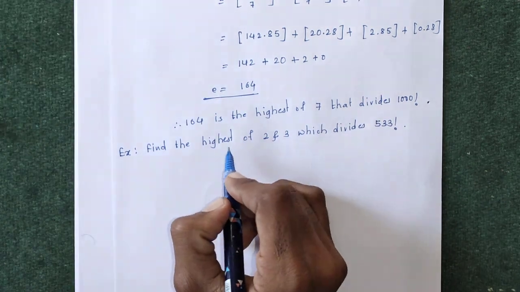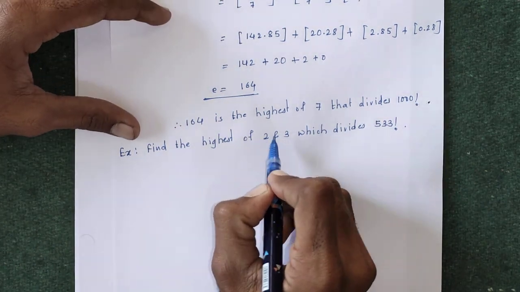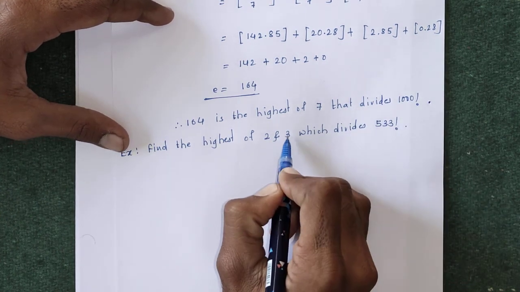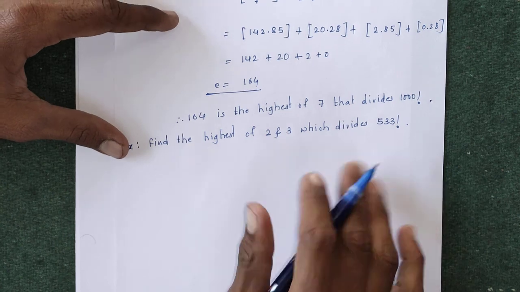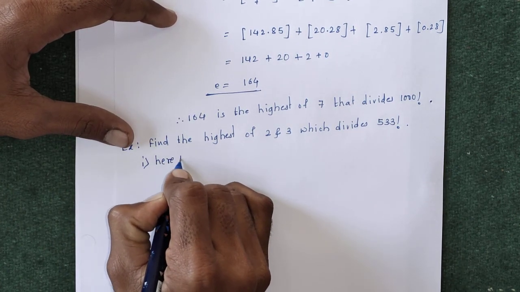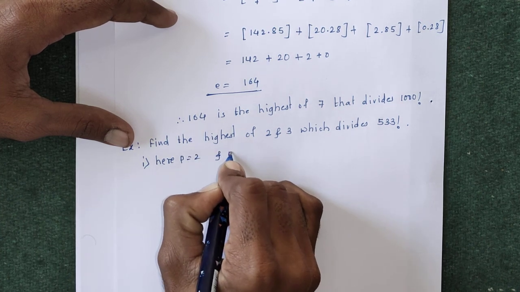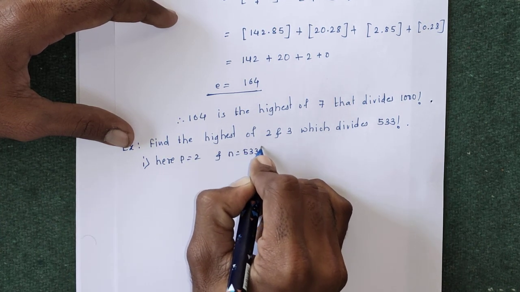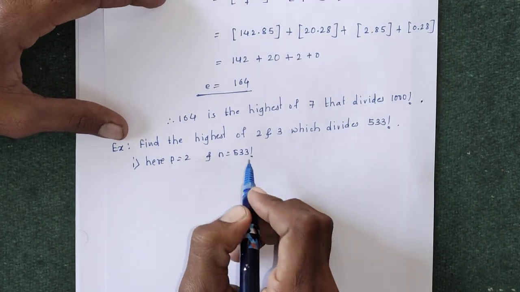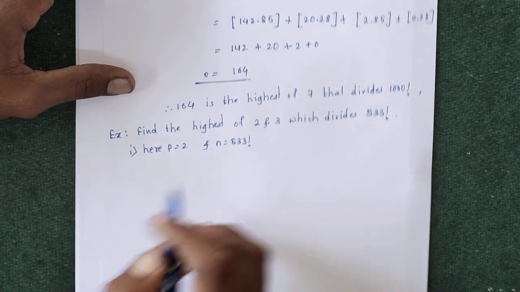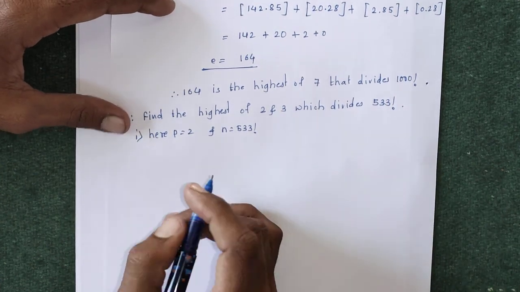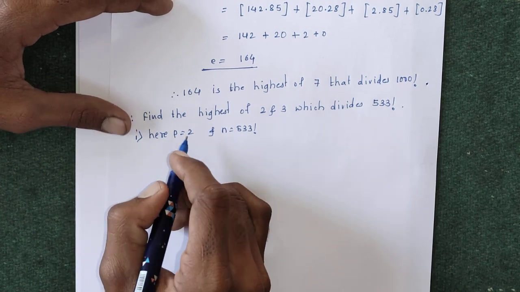So in this example we have been given two prime numbers, 2 and 3, and we have to find the highest power of 2 dividing 533 factorial and the highest power of 3 dividing 533 factorial. So in the first case we are going to take prime p equal to 2 and n equal to 533. And similarly, solving like the previous example, we find the power of 2 dividing 533 factorial, and after that in the second case we will take p equal to 3 and n equal to 533 and apply the same procedure to find the highest power of that particular number.